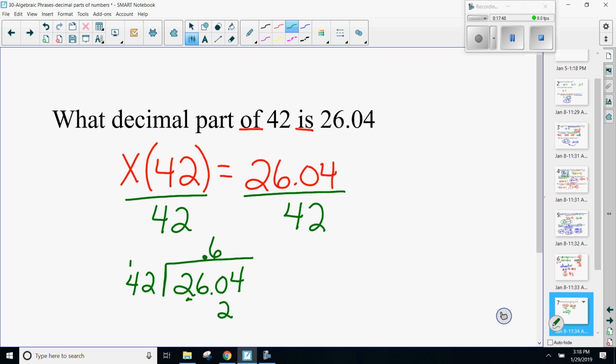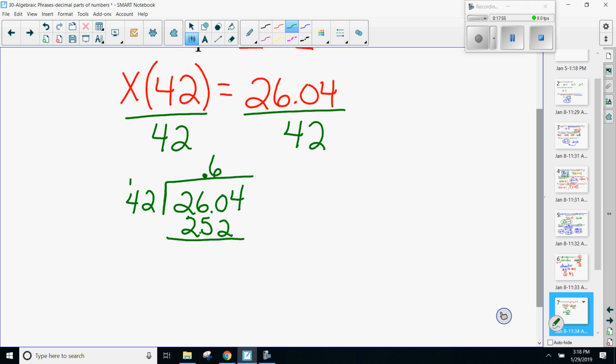You get 24 plus 1 is 25. And we said it's going to be a little over 0.5, which it is. So we subtract, and that leaves you with 8. Bring down the 4. 42 goes into 84 twice. So your answer is 62 hundredths, which makes sense.